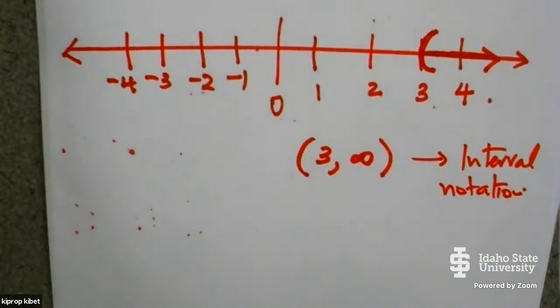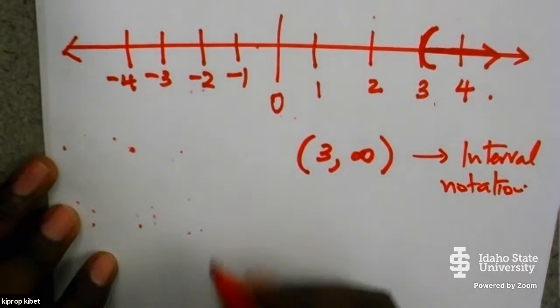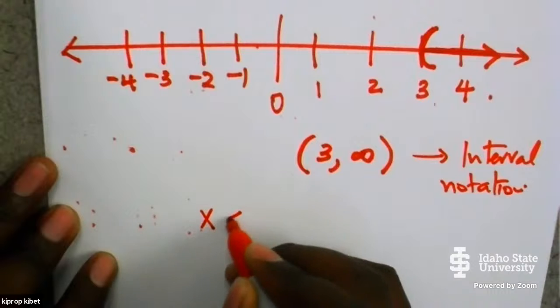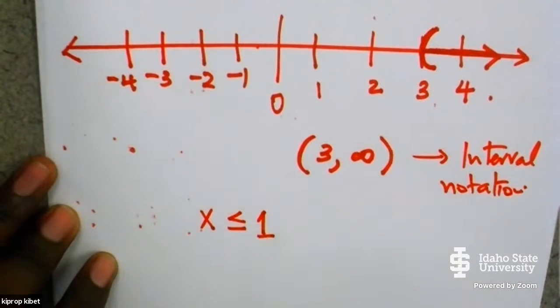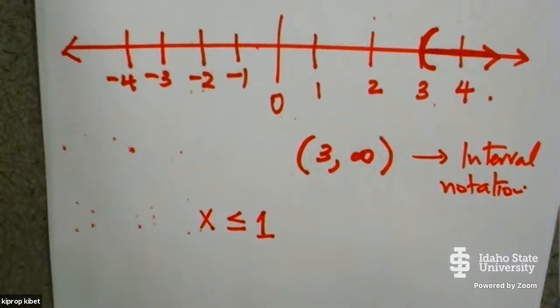All right, so another example. If we are given x is less than or equal to 1, how should we put this in our interval notation?